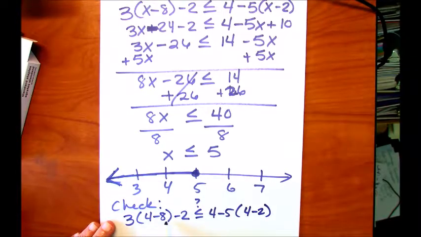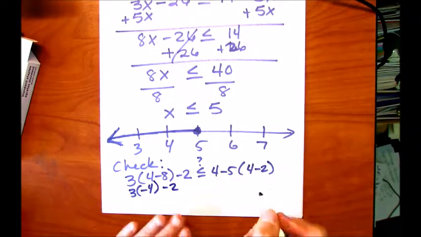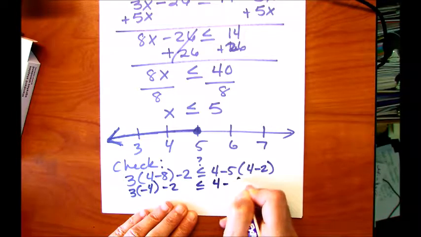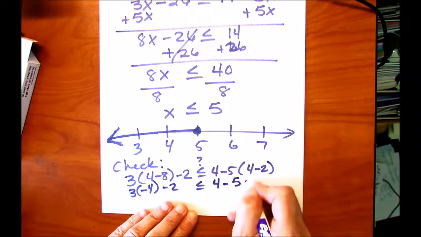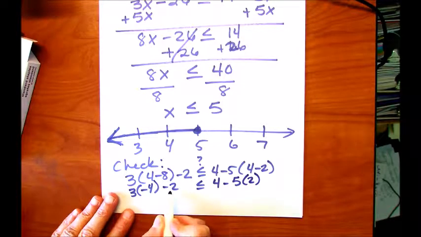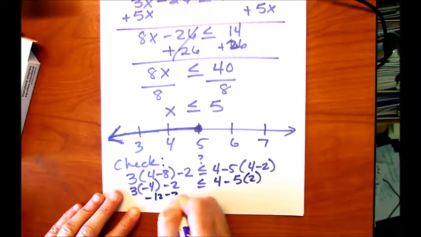Now we're going to do parentheses first. So 3 times 4 minus 8 is negative 4 minus 2, and then we'll continue over here. So we got 4 minus 5 times 4 minus 2, which is 2, positive 2. Now we're going to multiply before we subtract. So 3 times negative 4 is negative 12 minus 2.